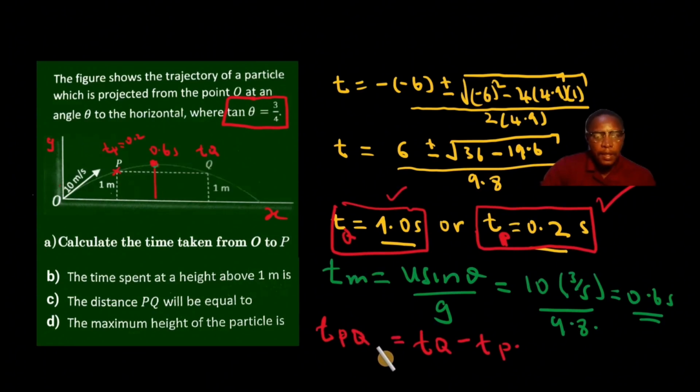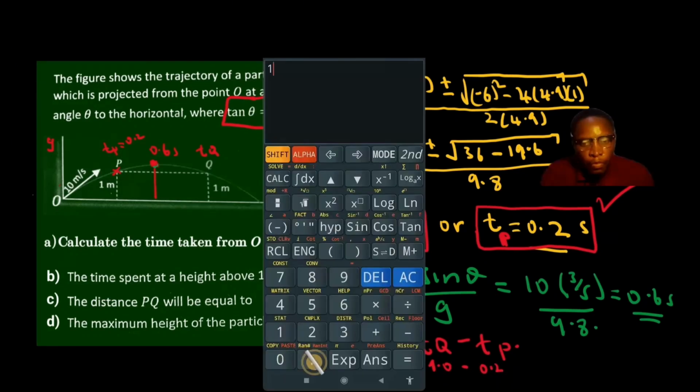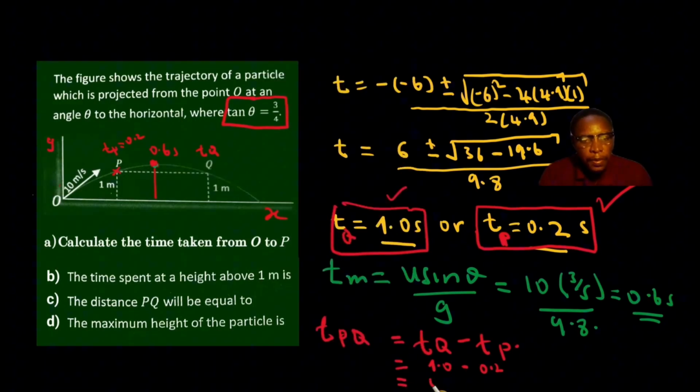As I said earlier, I will take the time at Q minus the time at P. That is 1.0 minus 0.2, that is 0.8. It means the time spent above 1 meter is 0.8 seconds, as required from the B part.